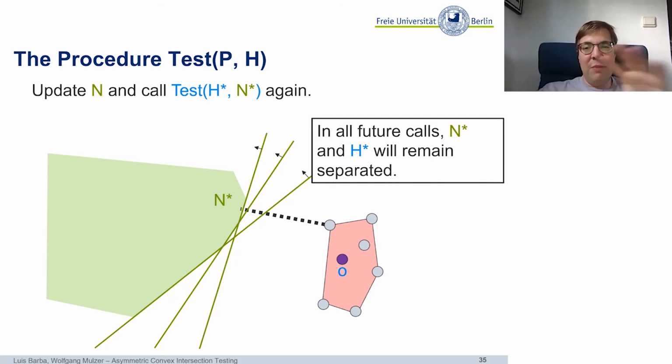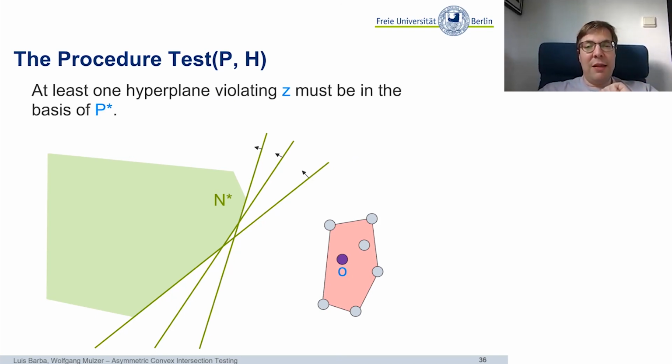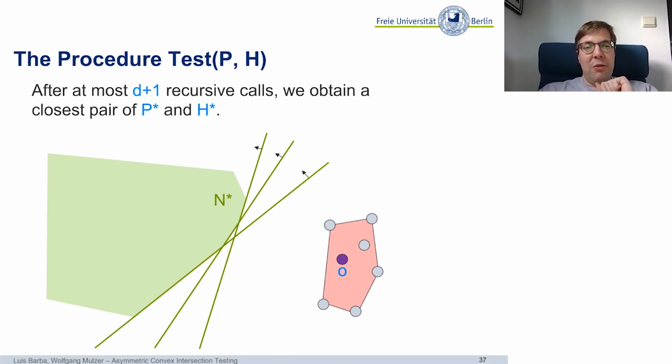And so that means in the dual we will remain separated. And again, every time we do this, we will get one more hyperplane that is in the basis, or one more point of P that is in the basis in the primal, and then we just repeat, and we know after d plus 1 recursive calls, we get the true closest pair.